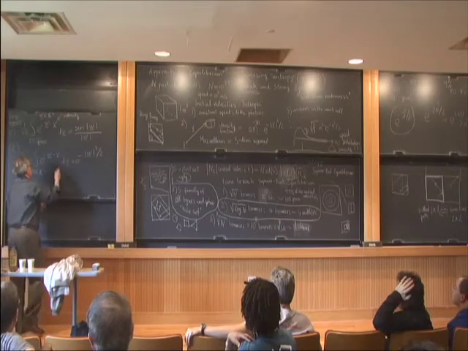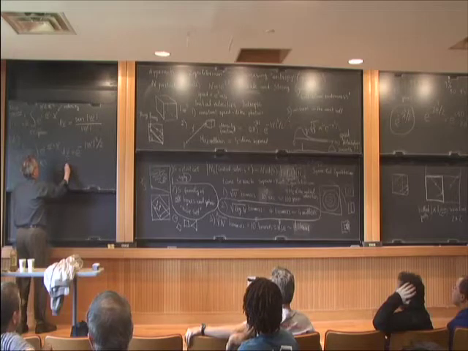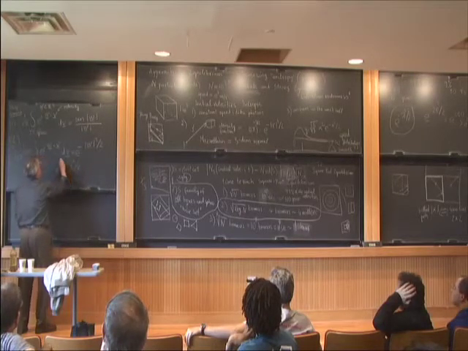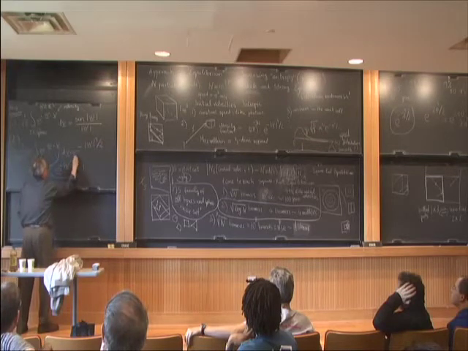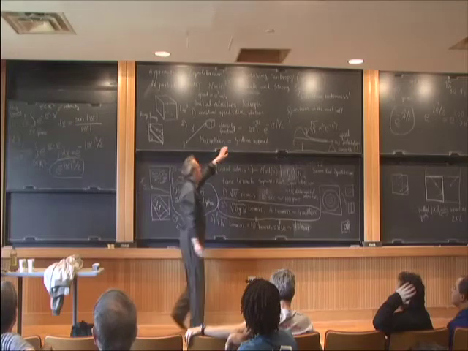E to the negative magnitude of v squared over 2. This is absolutely crucial. Sorry about that. This is the density. This is what I wrote down.